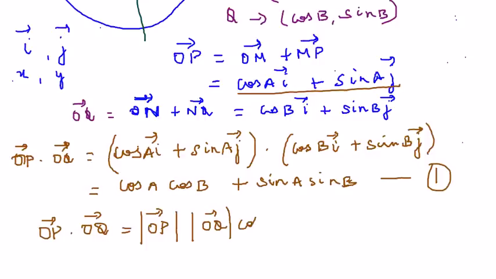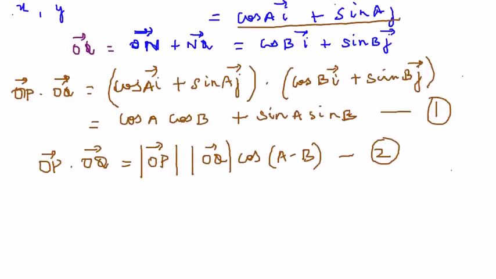Mark this as equation 2. Since these two are unit vectors, I can straight away write it as cos of (A minus B).